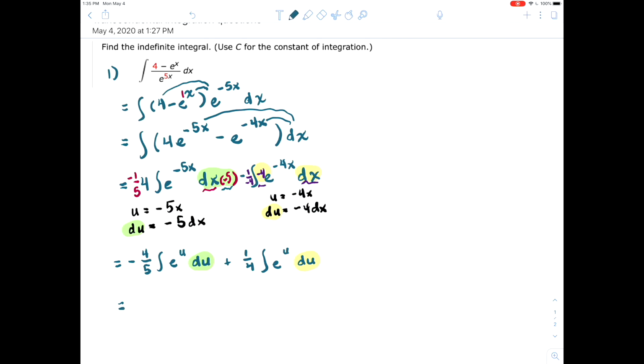So now we'll just get negative 4/5. The result of this integral is going to be e to the u, right? And then you would have, plus if you want c1, and then plus 1/4 e to the u plus c2.